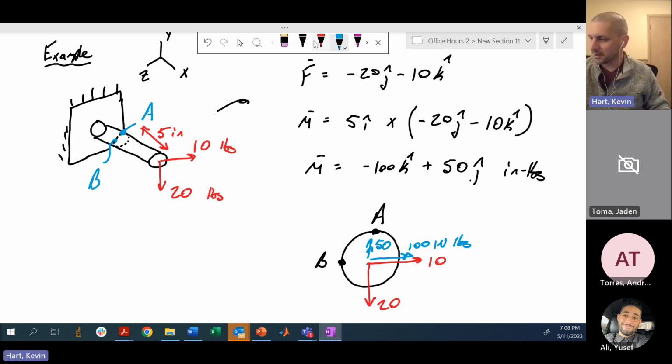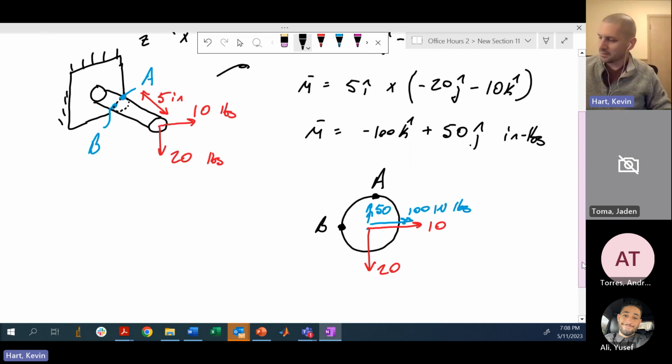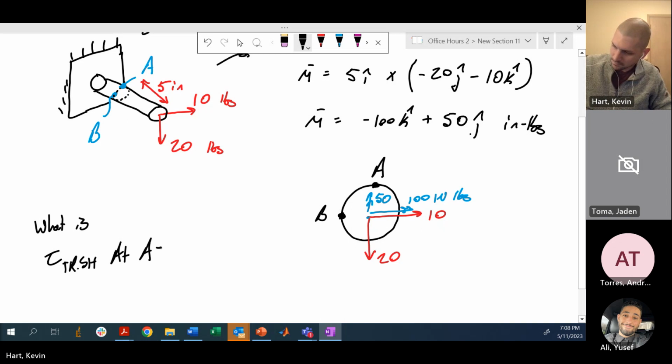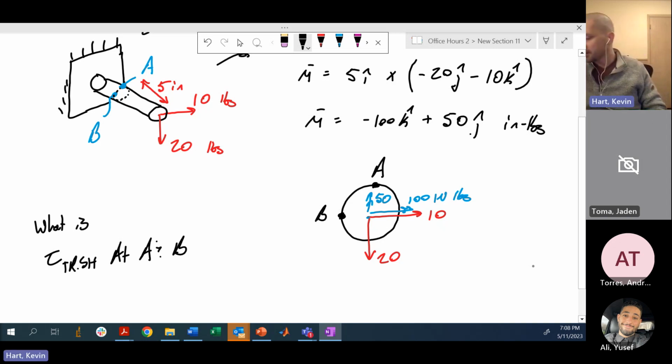Okay, so your question is about Q, but it's nice to go through this exercise anyways. So let's say we want to examine the transverse shear at A and B. All right. Well, let's remind ourselves what our coordinate system is here. Sort of have Z to the left, Y up, and X out.